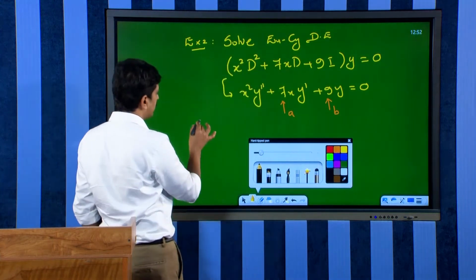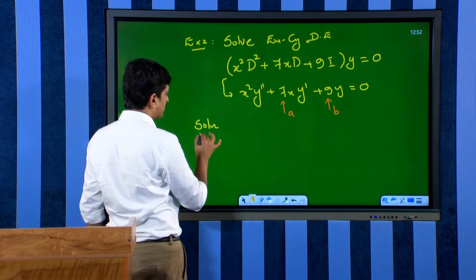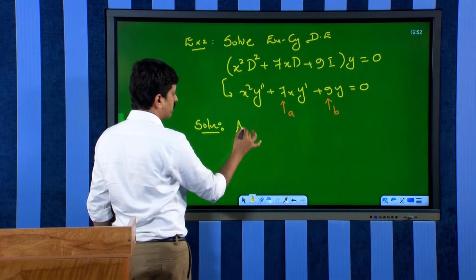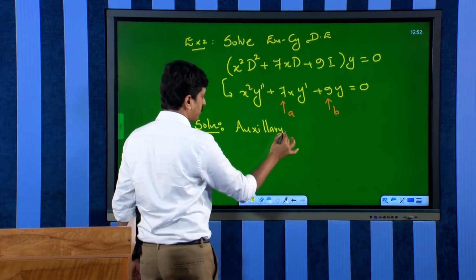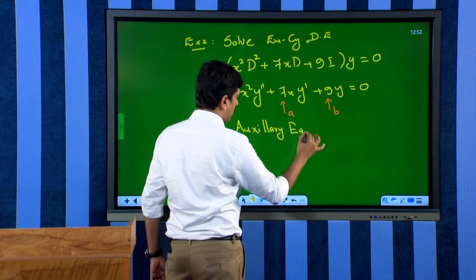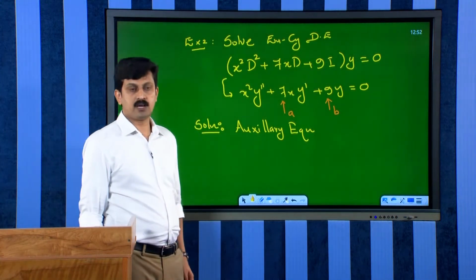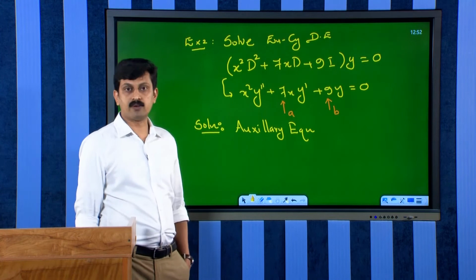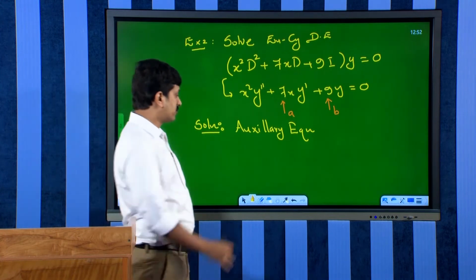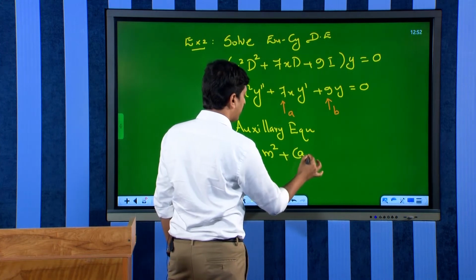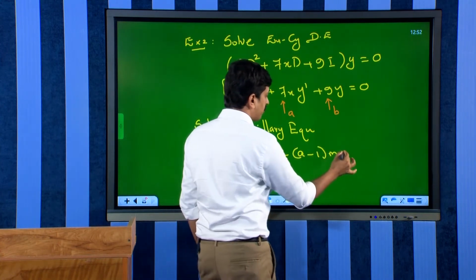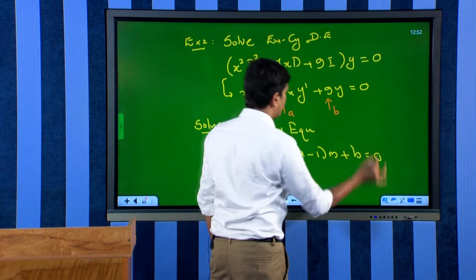So, we can write the auxiliary equation as m square plus (a minus 1) m plus b equal to 0.